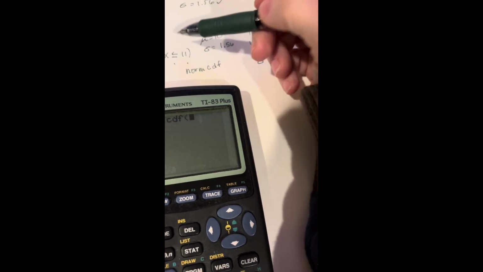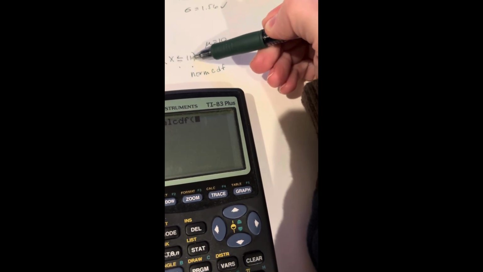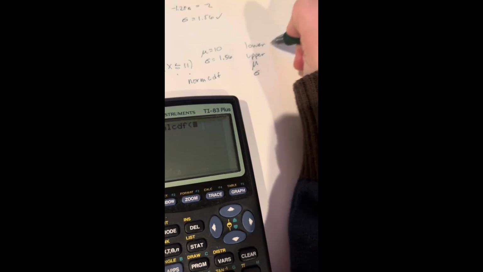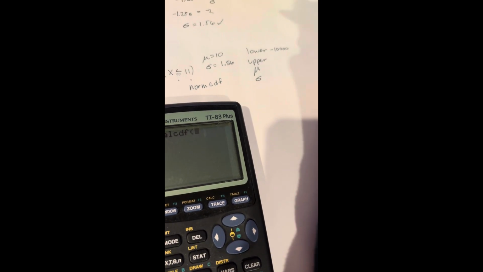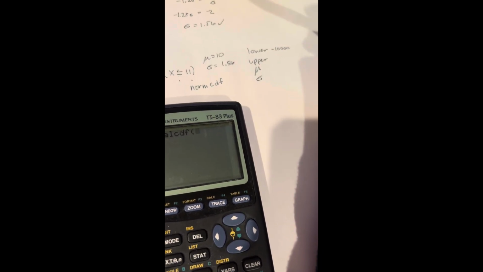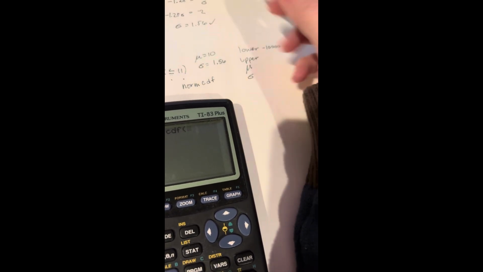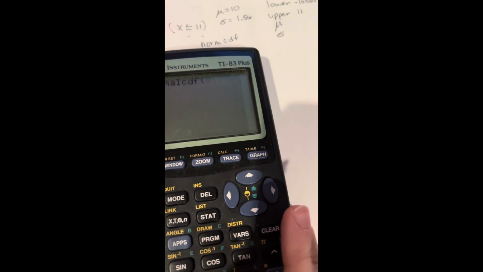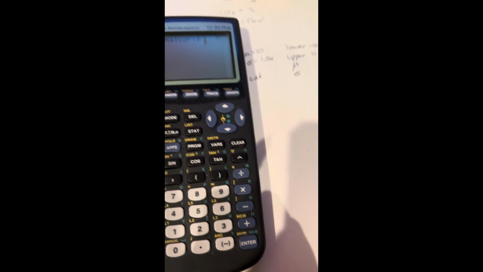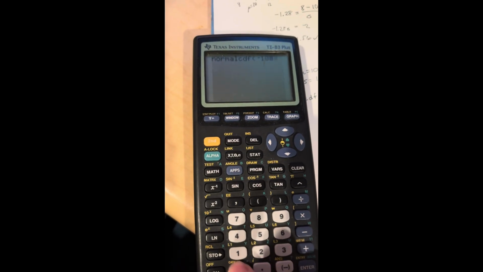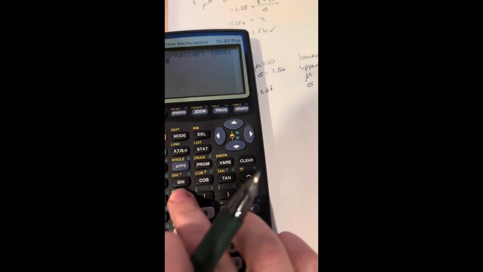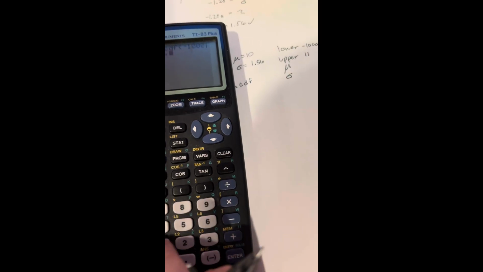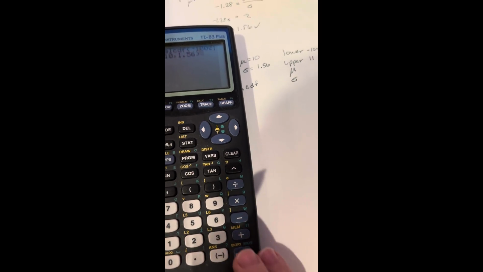Okay, so lower boundary, I want everything less than 11. So pick something ridiculously to the left, even if it doesn't make sense for the problem. Negative 10,000, I don't know. Something that's more than 3 standard deviations away. Upper boundary, we're going up to 11, then the average and standard deviation. On my old calculator, I think I type in the left boundary, comma, the right boundary, comma, average, comma, standard deviation. Let's hope that's it.